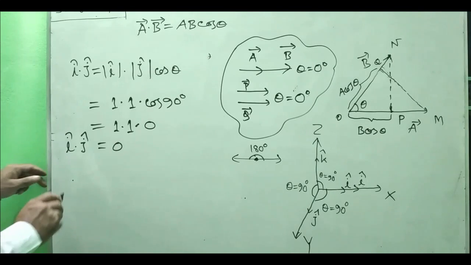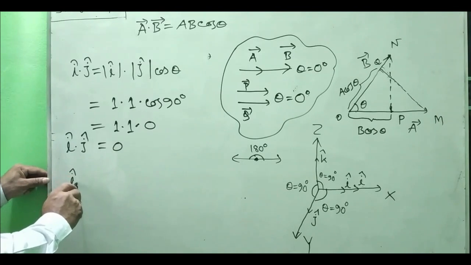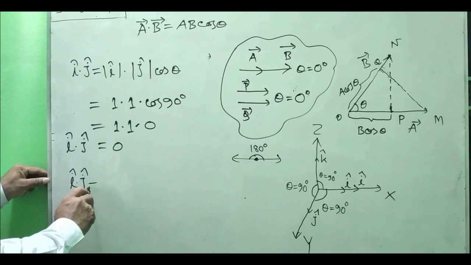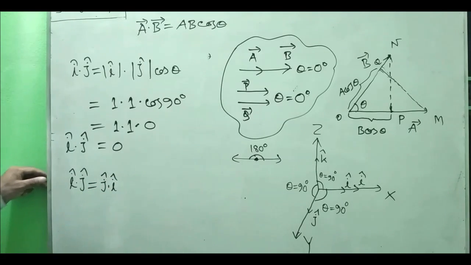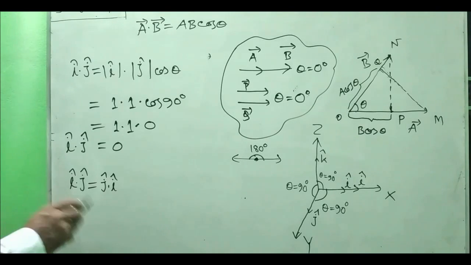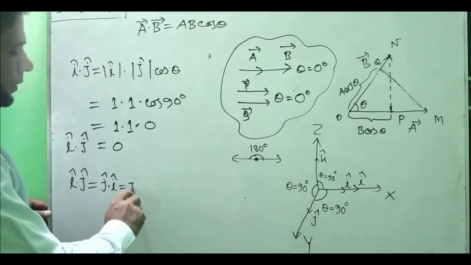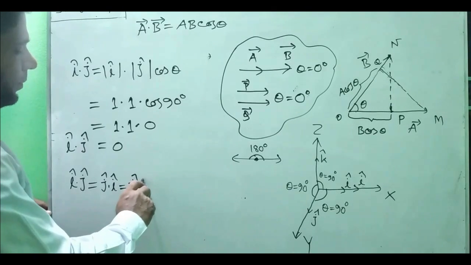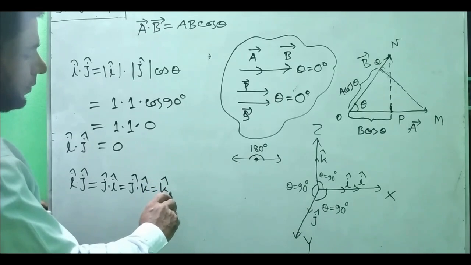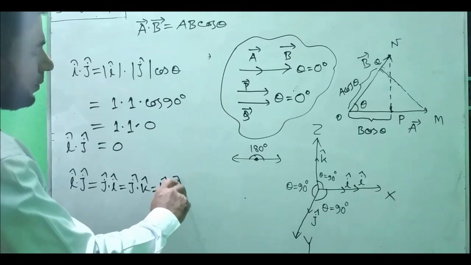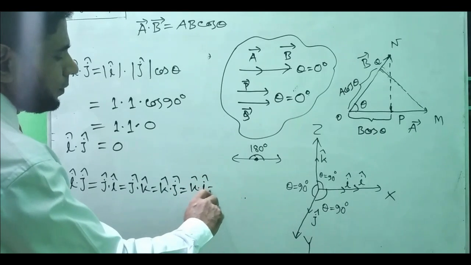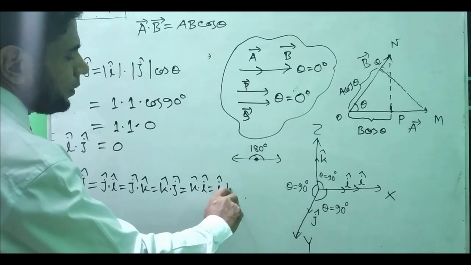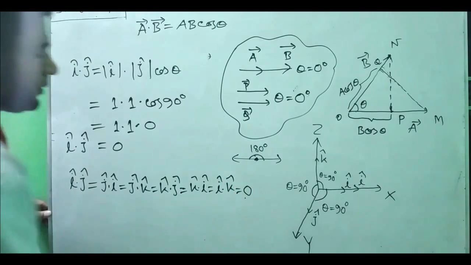So we can write as an MCQ: i cap dot j cap equals j cap dot i cap equals j cap dot k cap equals k cap dot j cap equals k cap dot i cap equals i cap dot k cap, all the values will be 0.